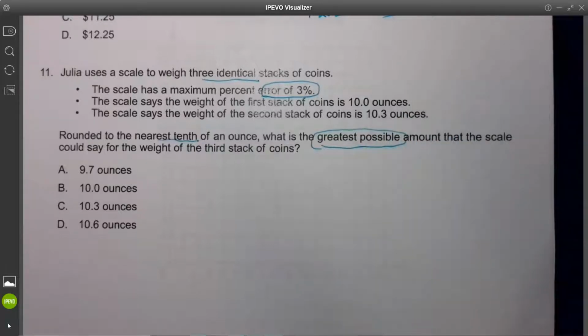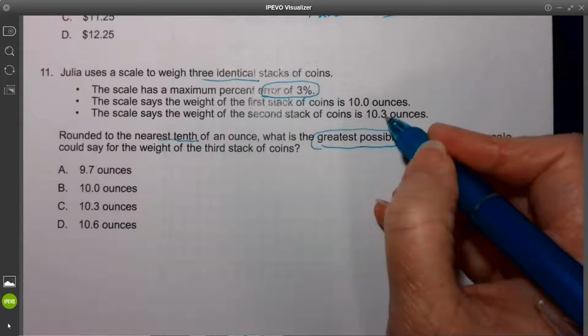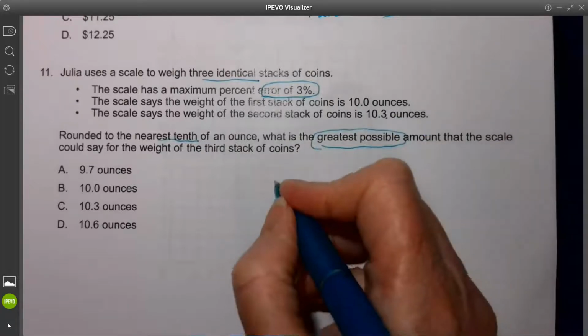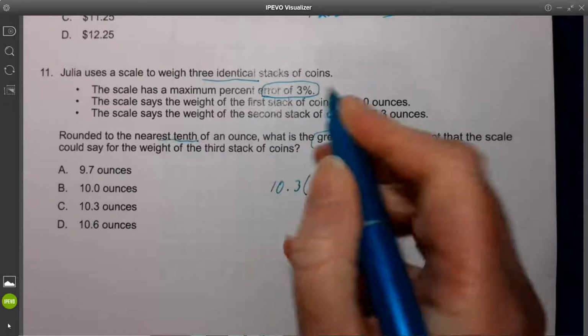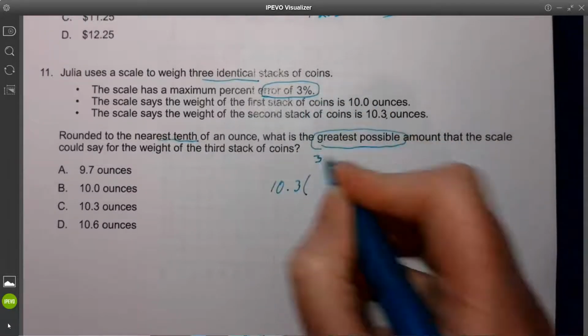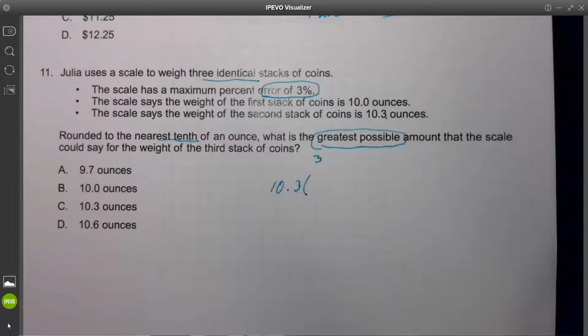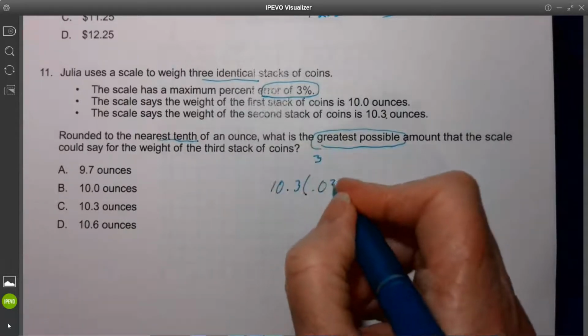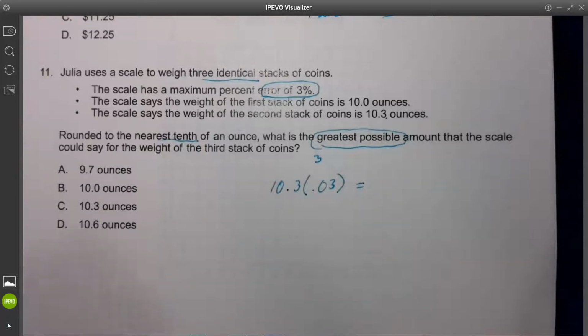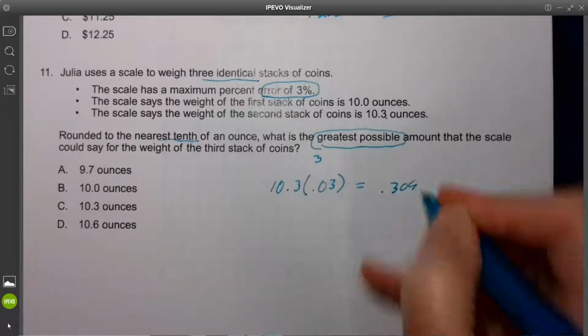So I'm going to take my highest one. Mathematically, this is what I would do, 10.3 times 3%. Remember, 3% is going to be changed to a decimal. When I multiply that, I get 0.309.